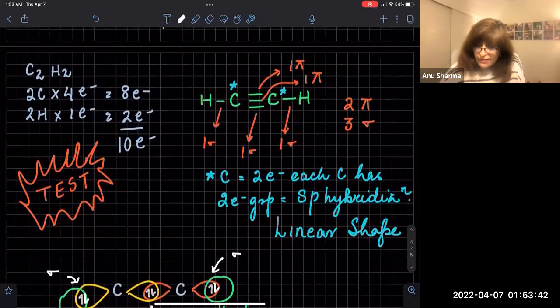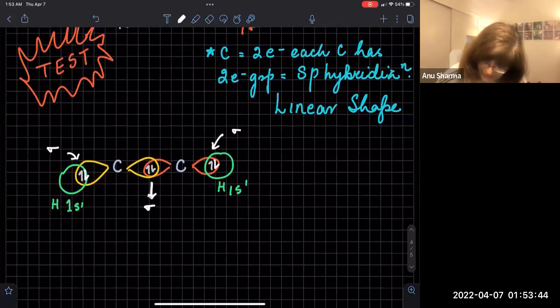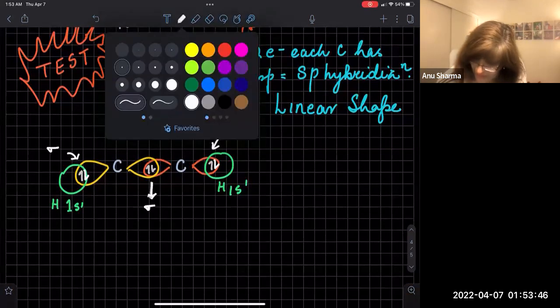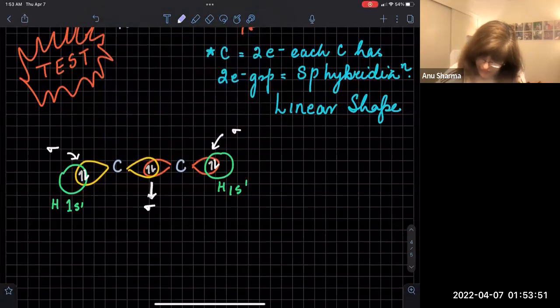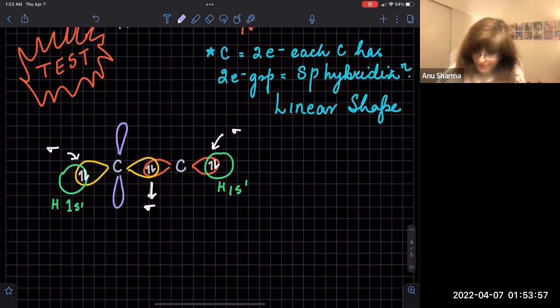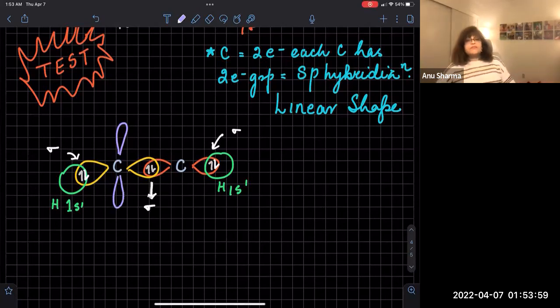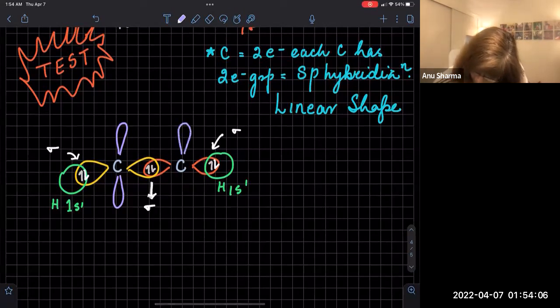Now we need to look at the 2 pi bonds. Now keep this in mind that px got used up, but py and pz are thin. So keep that in mind. This is thin. This is thin.